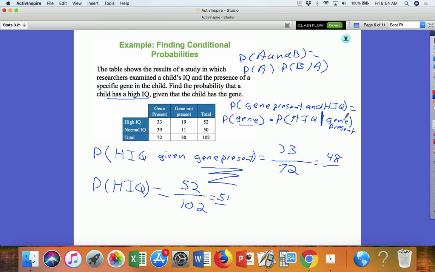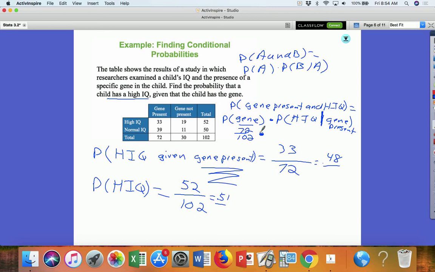So what's the probability that the gene is present with no restriction? There's the probability of finding somebody in here that has the gene as part of their makeup out of 102, no restriction.